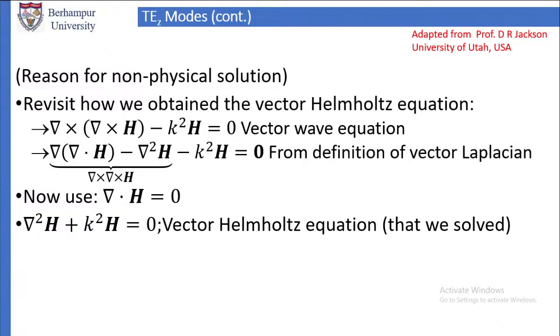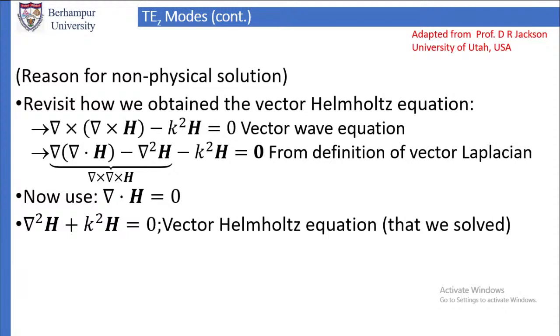Now I revisit how we obtained the vector Helmholtz equation. To obtain it, we started with the vector wave equation, curl curl h minus k square h is equal to 0. Then we expanded the curl curl of h using the vector Laplacian, or Becker rule: curl curl h is equal to gradient of divergence of h minus del square h.